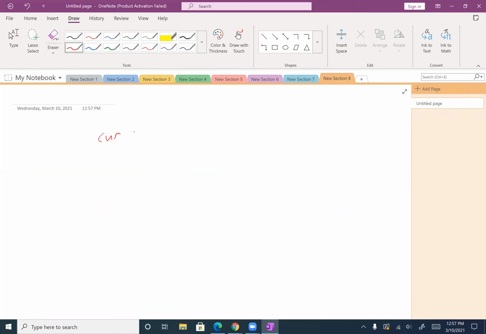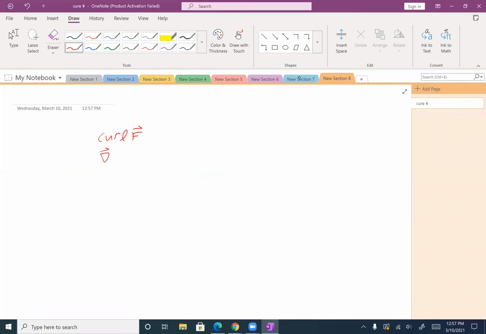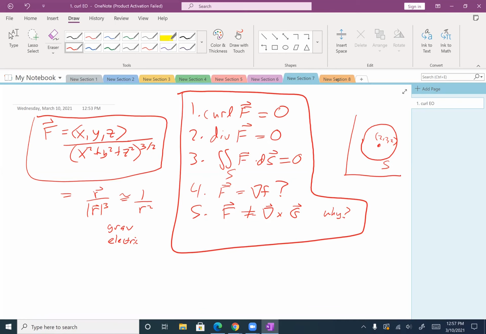So the curl of f equal to 0, I think we may have done this on a homework problem, so I'm not sure I should spend time on this. And we may have done the divergence also. So I'm tempted to skip to number 3.